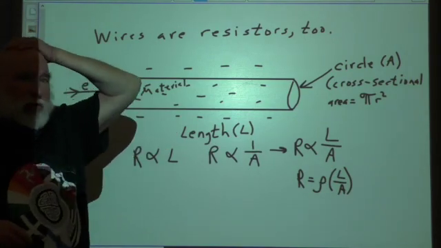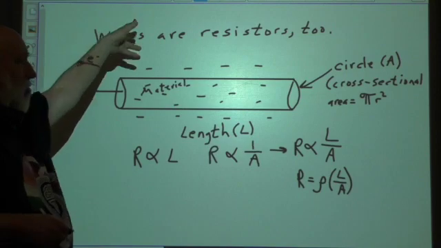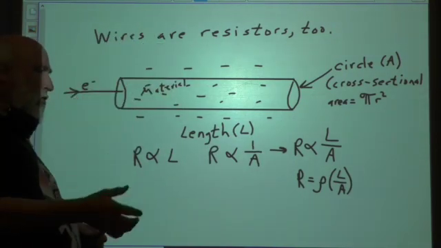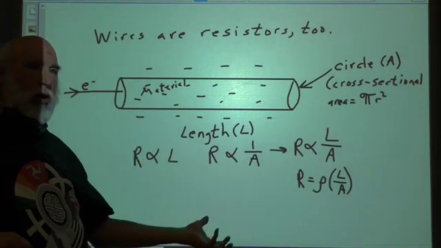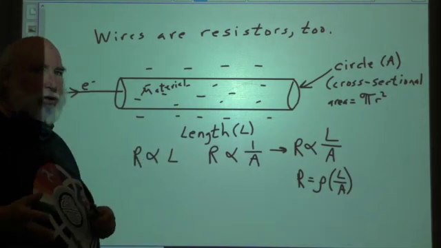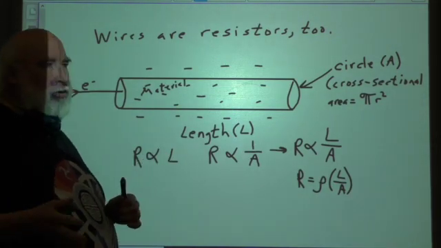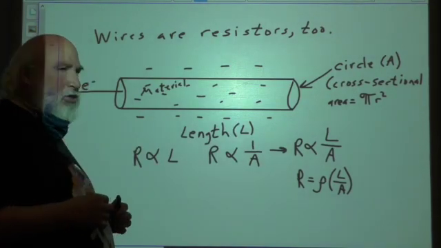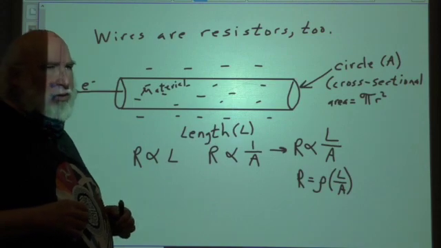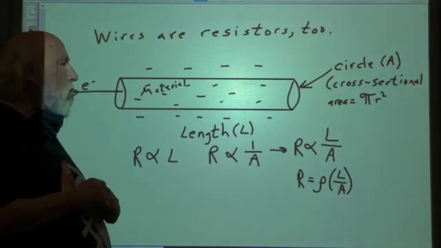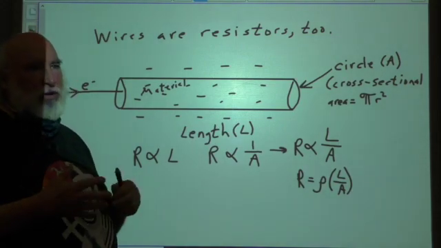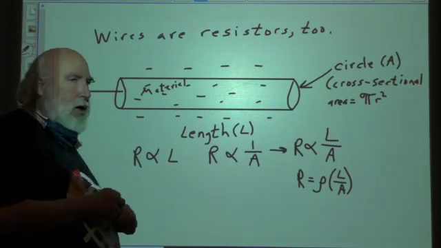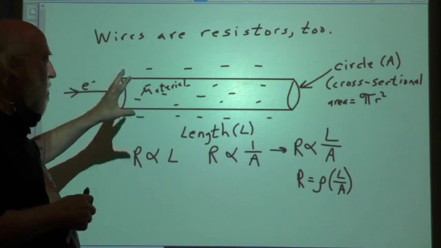So here's an example of a wire, what I was talking about here. And it turns out that, like I said, the wires are resistors as well. And so we know that refrigerators and stoves and toasters and air conditioners are all huge resistors that the electricity has to go through to get them to work. And then you have really small ones all around the house, clocks and timers and all that stuff.